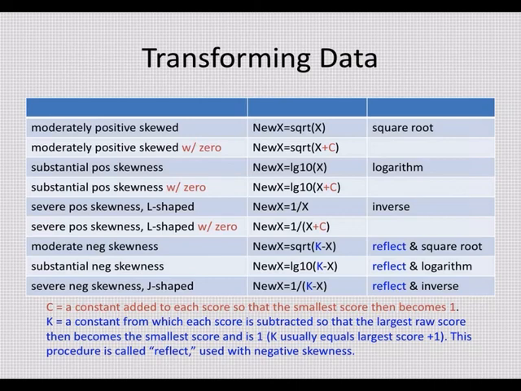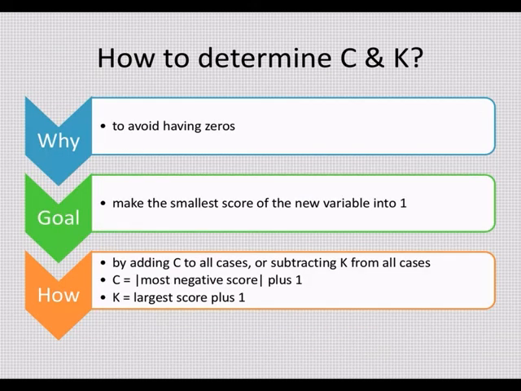So to make them all positive without changing the order, we would add a c, a value, to all the scores, so that the smallest score now becomes 1. For example, if the smallest score was negative 44, what would c be? 45, yeah, so we would add 45 to all the scores, and in the new variable, the smallest would be 1. Okay, so these are the technical aspects of the transformation process.